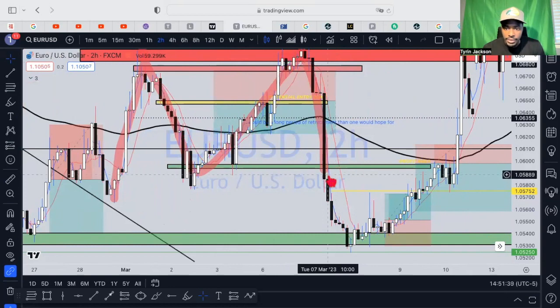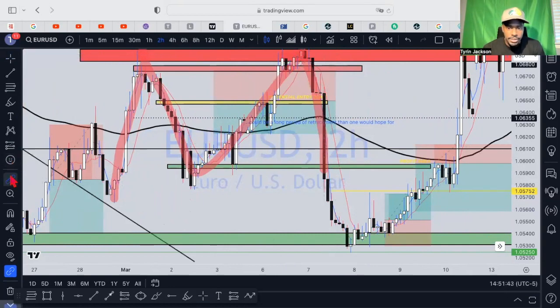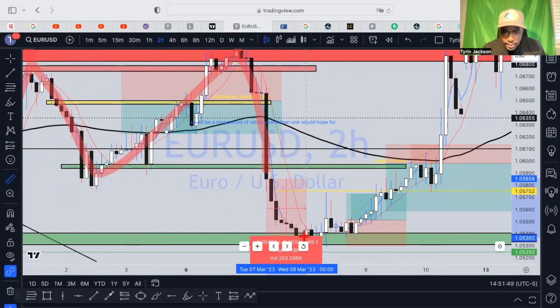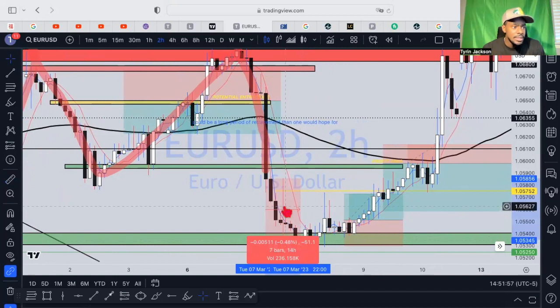This is where I would have made my first entry, probably the candle after the close of this one. So guys, that could have still been 46 pips over 14 hours, 50 pips over 14 hours, right? You know what I'm saying? It's like 2 shifts for $500.